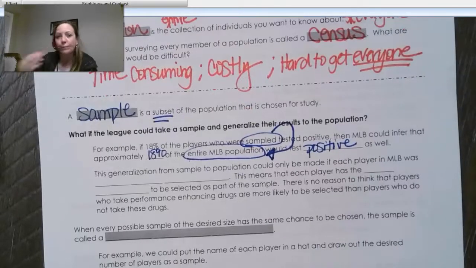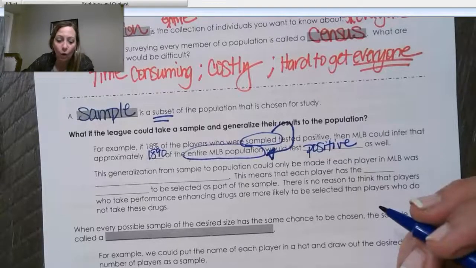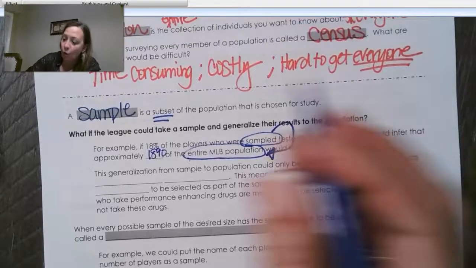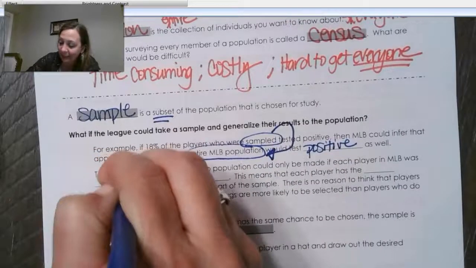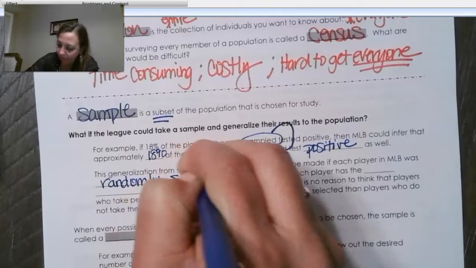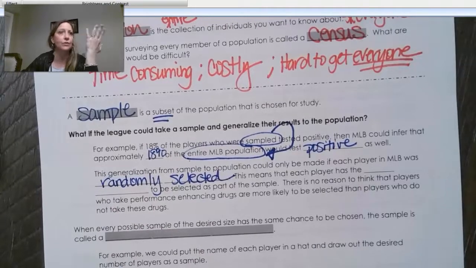Now, this generalization from sample to population can only be made if each player in Major League Baseball was randomly selected. So we can't take the highest paid players, the players that show up first to practice, the ones whose last names start with A. They have to be randomly selected.